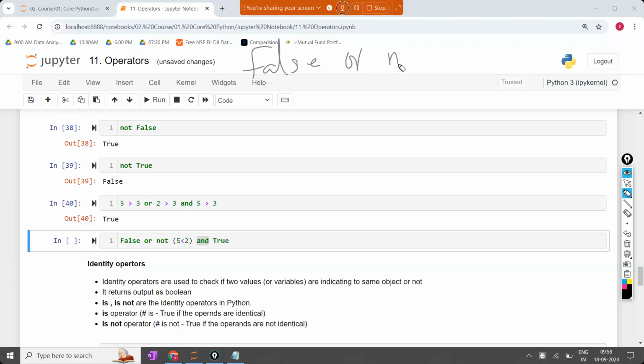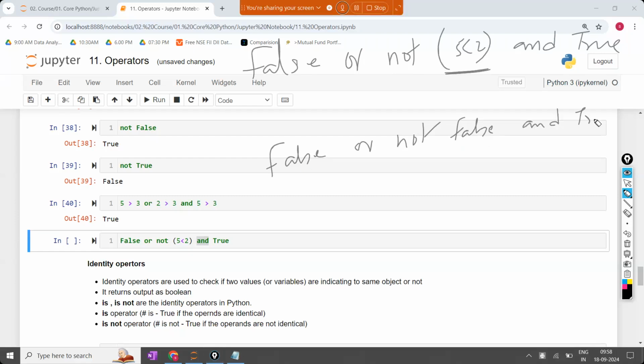So: false or not (5 less than 2) and true. This is the question given to me. First, the bracket will be completed. In the bracket, 5 less than 2 is false. So false or not false and true. Now false and true are Boolean values, not operators.